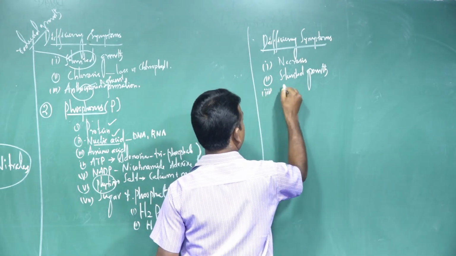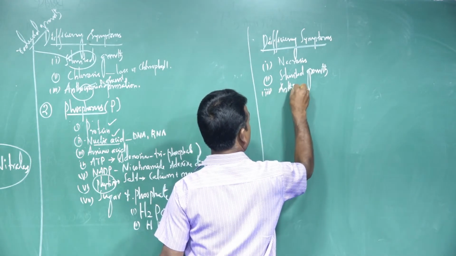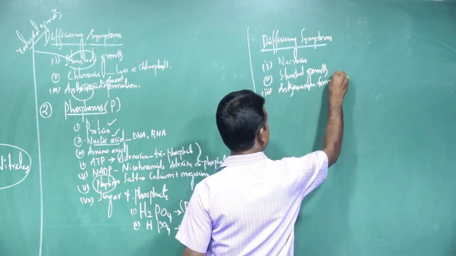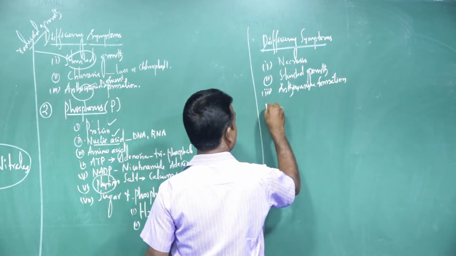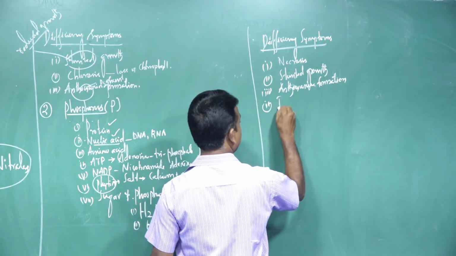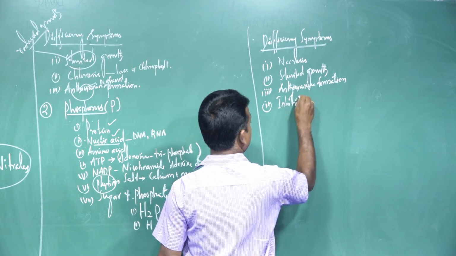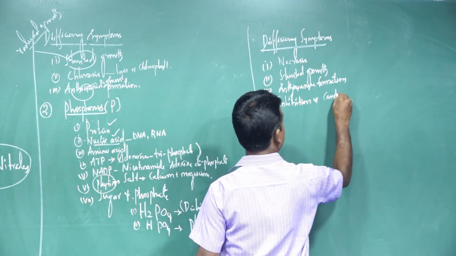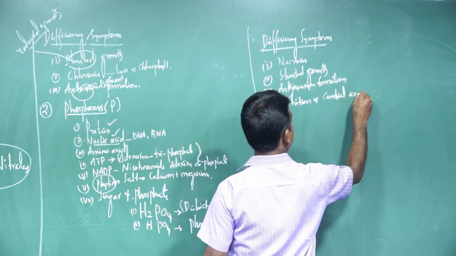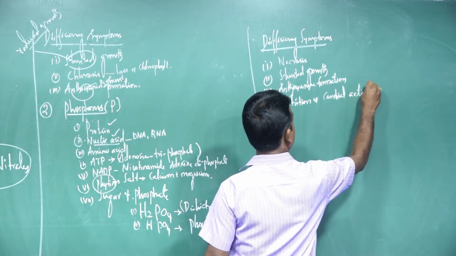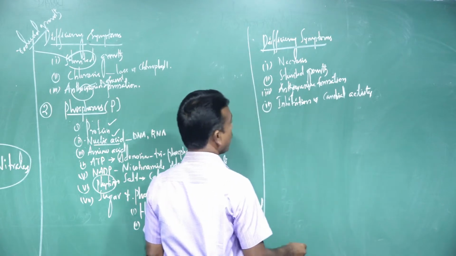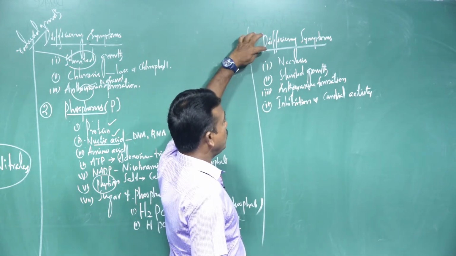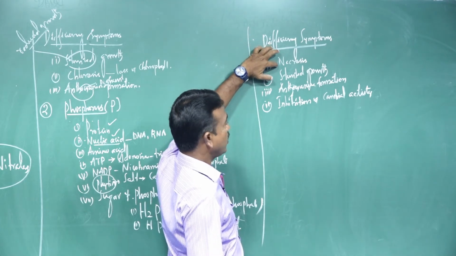The third symptom is anthocyanin formation. The fourth symptom is inhibition of cambial activity. These are due to deficiency of phosphorus, namely necrosis.